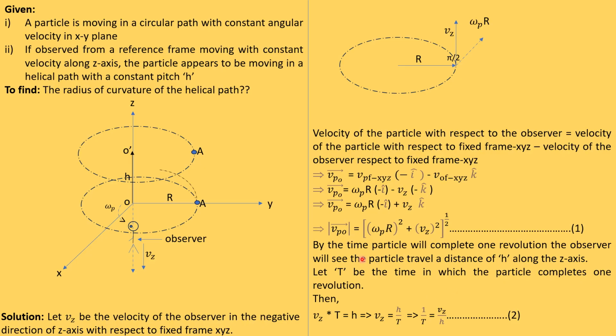Now the thing to be noticed: by the time the particle completes one revolution, the observer will see the particle travel a distance of h along the z-axis. Instead of here, the observer will see it over here because the gap from the observer to the particle is increasing. The observer is moving down.